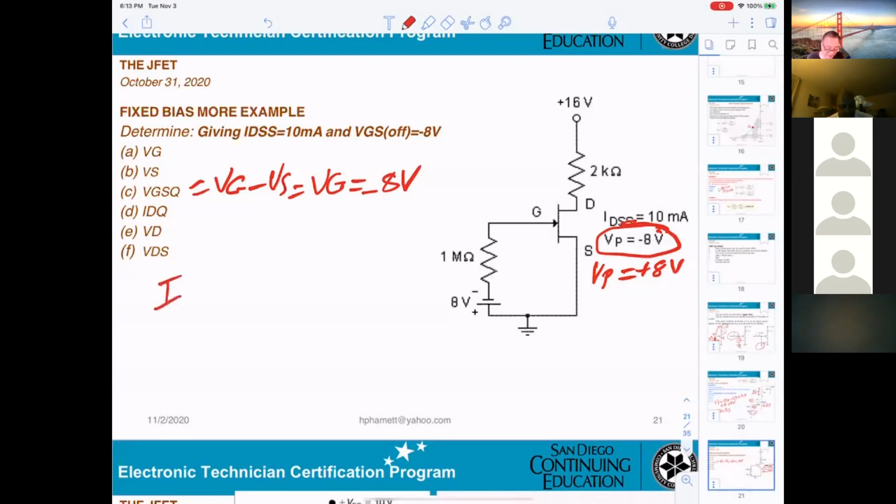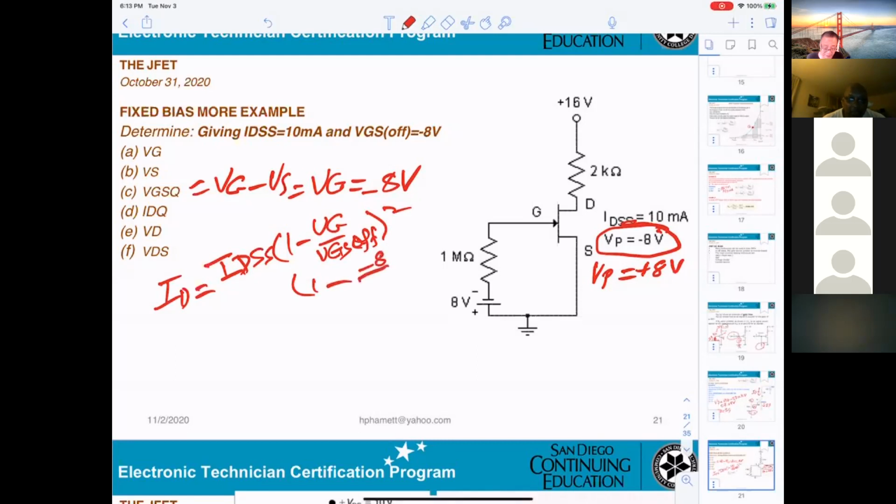Okay, the same thing. IDSS times 1 minus VGS over VGS off, squared. So basically you get 1 minus minus 8 over minus 8, right?